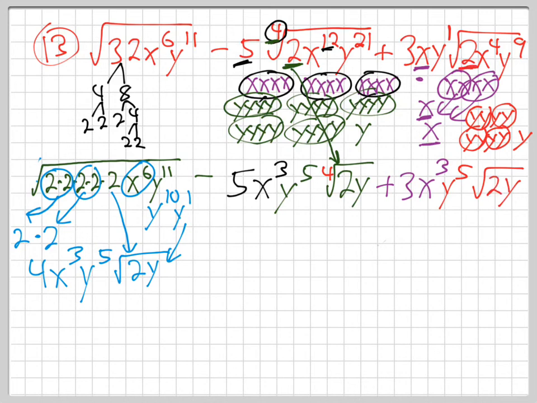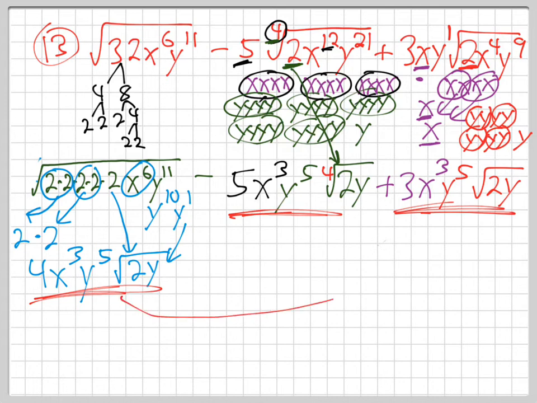What a mess, huh? All right. So where are we at? We got this, this, and this. Now, these guys are like terms, and the middle one is different. So he will not combine with them. But see how these two have the exact same letter and root pattern.